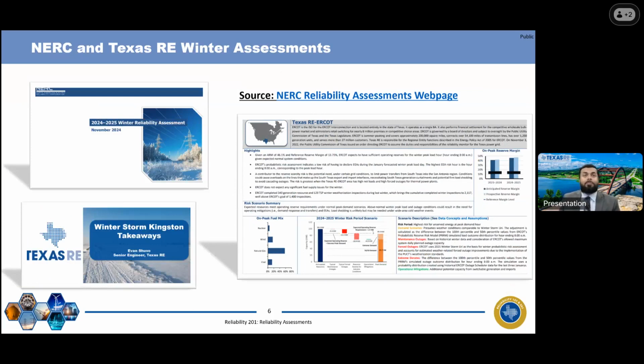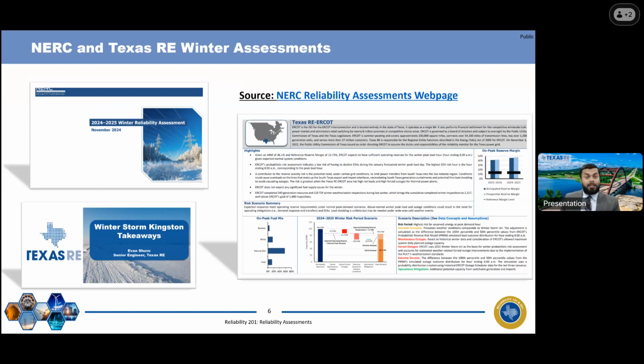Next, here's an example of NERC and Texas RE winter reliability assessments. The figure to the left shows the front page of the 2024 NERC Winter Reliability Assessment. Inside the 2024 NERC Winter Reliability Assessment, you will also find the Texas RE Winter Reliability Assessment, which is pictured to the right.